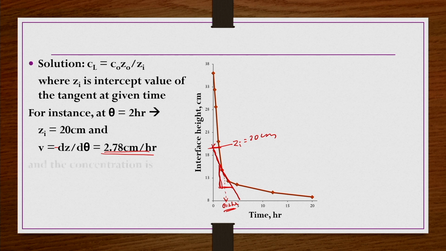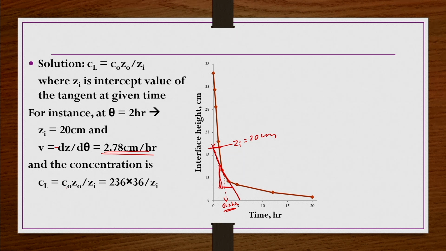So, then after that, the concentration CL you can find out as C naught z naught by zi. C naught is given as 236, z naught is given as 36, and zi at this point of time we have got as 20. So, overall CL is 8496 divided by zi.